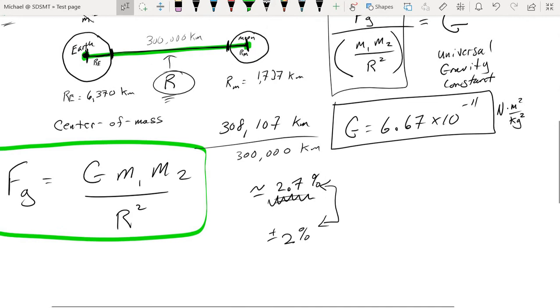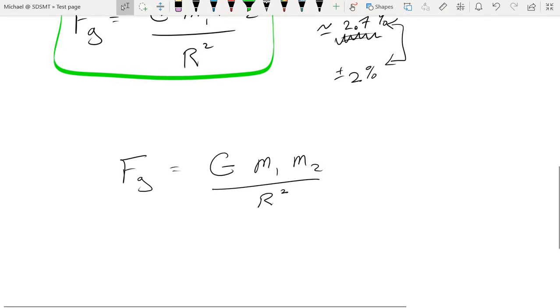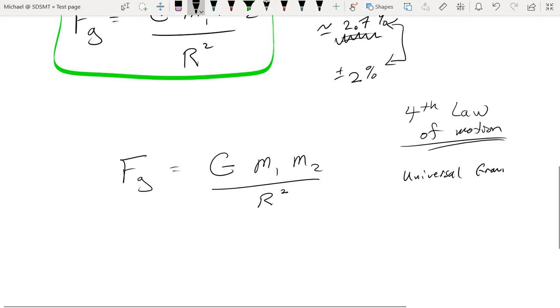We have our universal gravity constant, and so that is going to be plugged into this expression as the universal gravity equation. And in some books, this is even called Newton's fourth law of motion. But the universal gravity law just has kind of a better ring to it. So universal gravity law, or I've also seen it called the universal law of gravity.